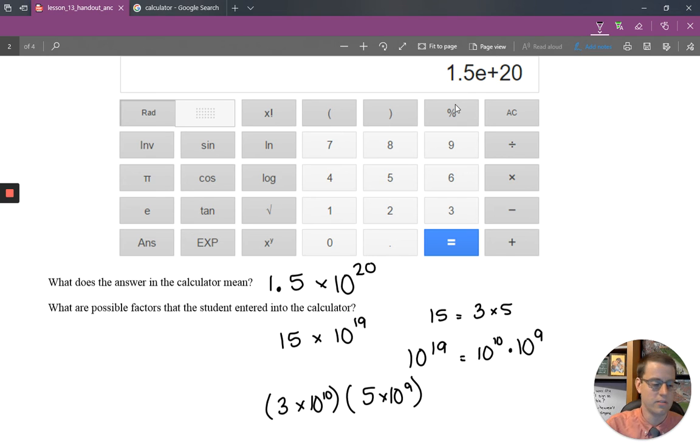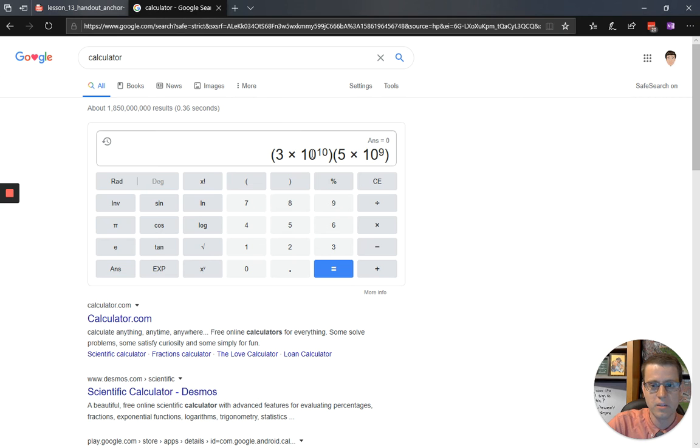Now, just wait, there's more as I scribble on the page. If we look at the calculator, this is going to look very similar. Hey, look, it's a Google calculator. 3 times 10 to the 10th times 5 times 10 to the 9th. If I hit equals, 1.5e plus 20.